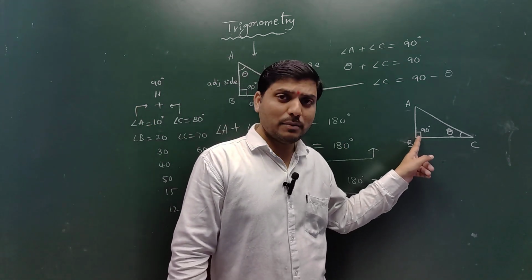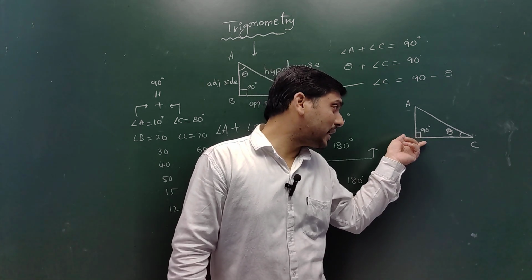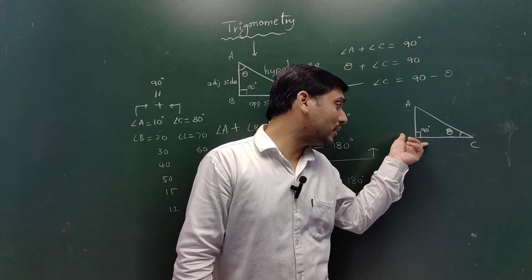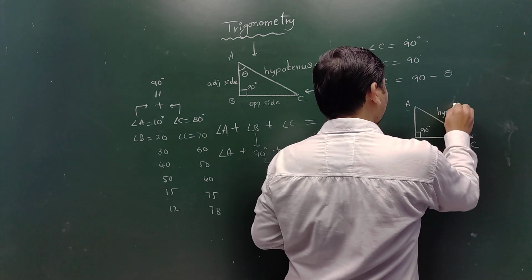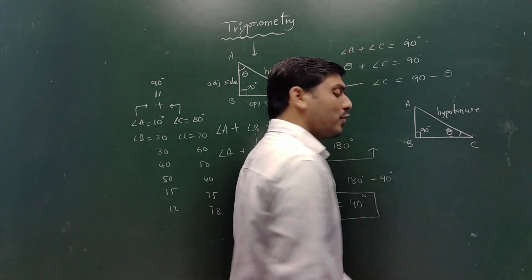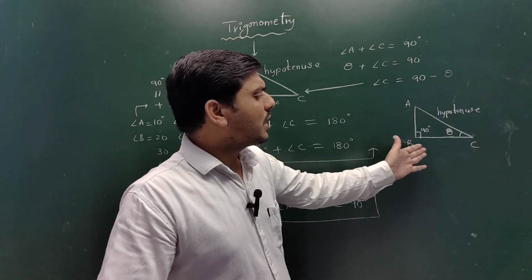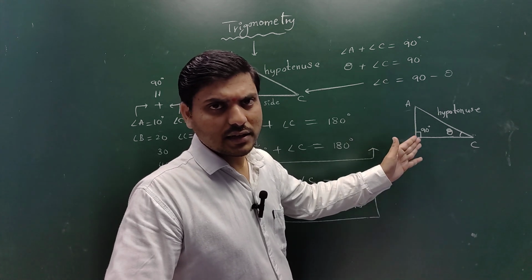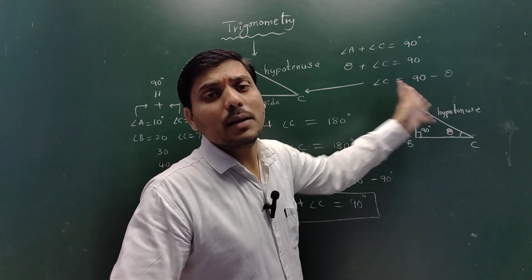The right angle is at capital B, so the side opposite the angle of 90 degrees is called the hypotenuse. This is no tension. The hypotenuse concept is dependent on the right angle. In the case of ABC with right angle at B, the side opposite the right angle is the hypotenuse.